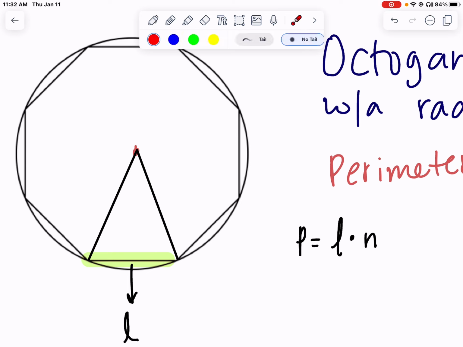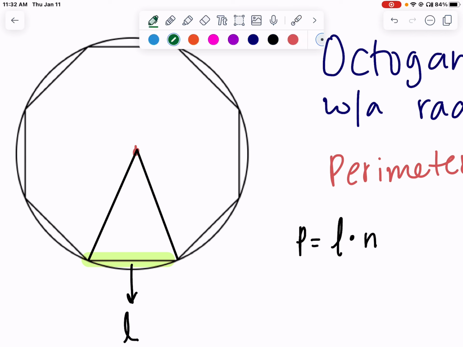Because this is a circle, we know that each of the triangles that could be drawn are all going to be congruent, so they're all going to have the same lengths and the same angle between them. If I were to go around the entire circle, that's 360 degrees, and I have 1, 2, 3, 4, 5, 6, 7, 8 of these triangles I could draw because I have 8 sides to my octagon.